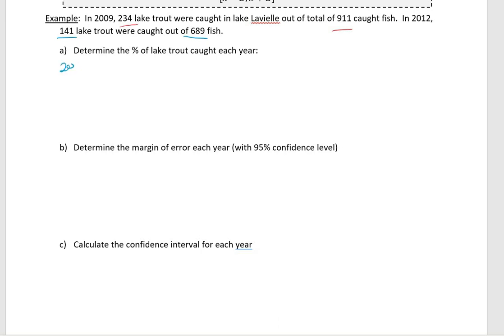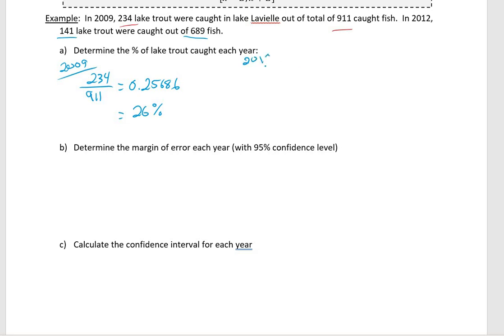So in 2009, we had 234 trout out of 911 fish, which gave us 0.25686, or roughly 26%. We'll just do to the nearest percent for this one.